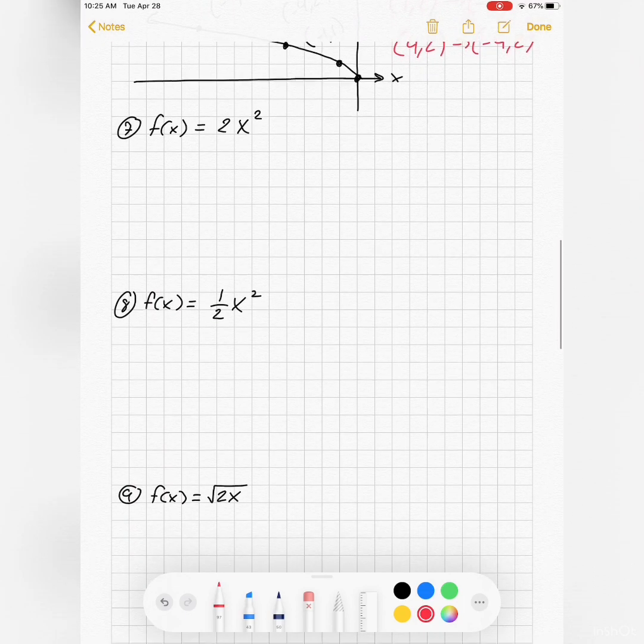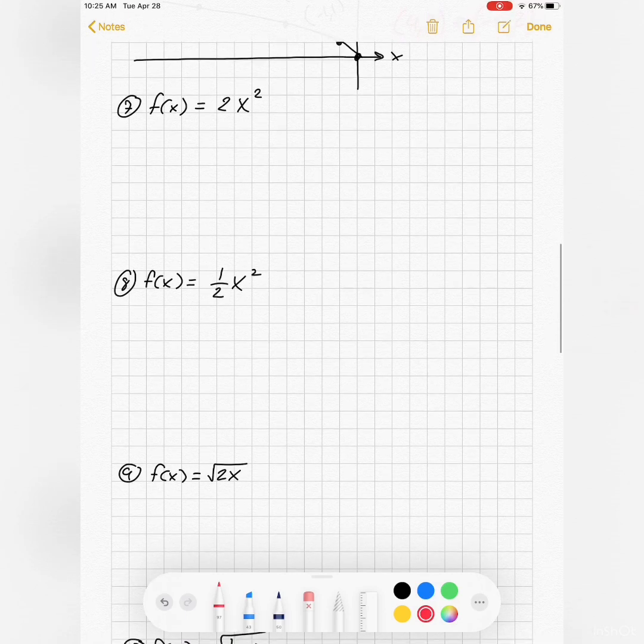So what about multiplications by numbers? So here, let's see, my base graph is x squared. A little sketch of that guy again. It's a parabola.